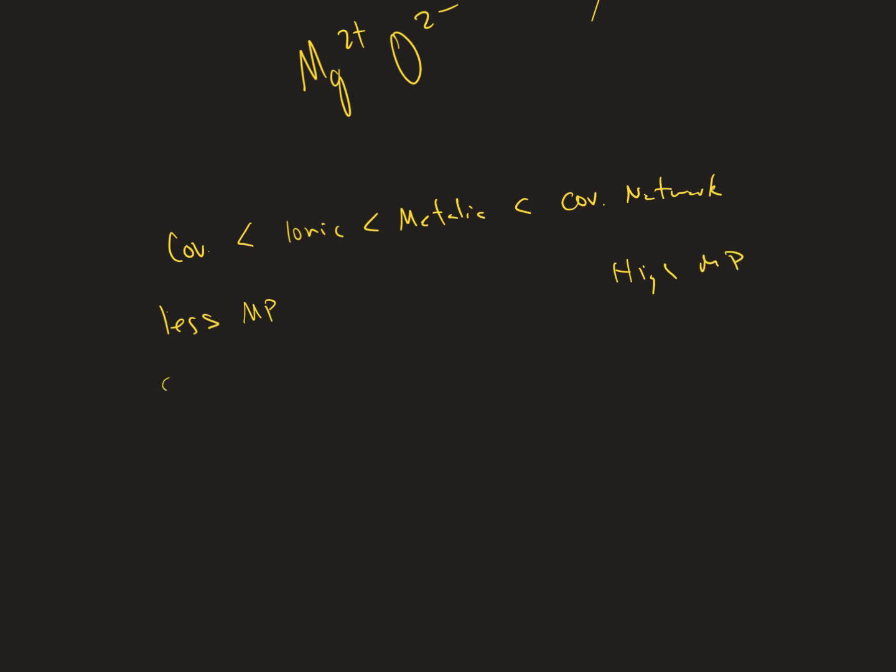However, we could say this is softer and this is harder. Remember from my notes, it does say that ionic has the strongest IMF, the strongest intermolecular force. So what makes metallic and covalent network stronger? For metals, it's the sea of electrons.